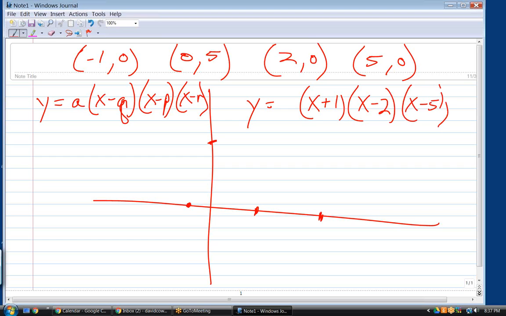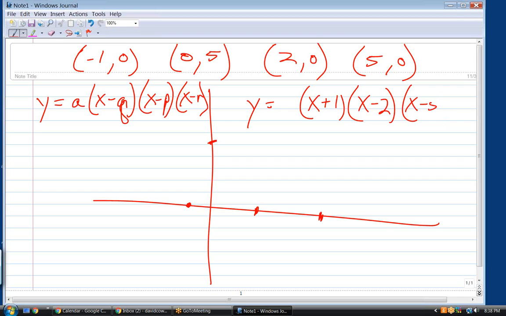Those are the 3 x-intercepts. If we multiply all 3 of those together, we'll have a constant at the end of it. And that constant needs to be 5, because we can see that we have a y-intercept right there. So, first of all, let's multiply these 3 factors together.